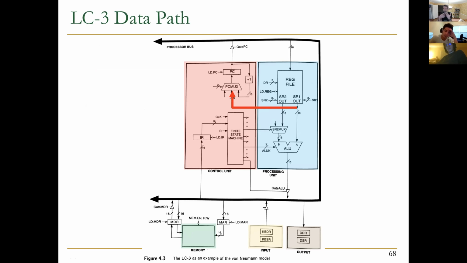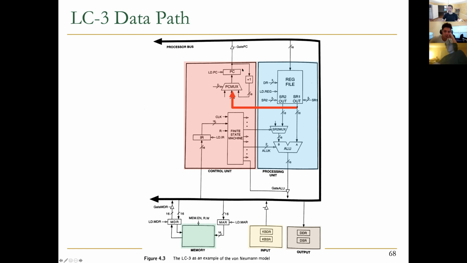In the IR, during the decode phase, you pass the opcode to the finite state machine, and the finite state machine tells your ALU through this link what instruction you want to execute, right?